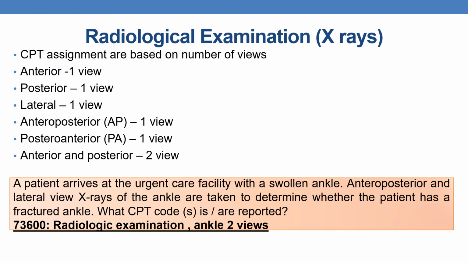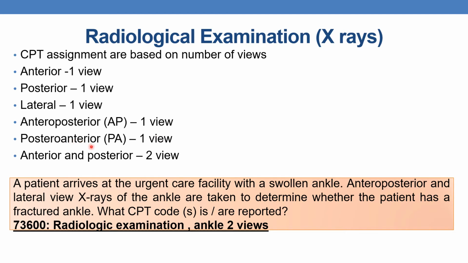Now coming to radiological examination or X-rays. As we have discussed earlier, the CPT assignments are based on the number of views. Anterior view is considered as one view, posterior is one view, lateral is one view. Anteroposterior (AP) is also considered as one view.